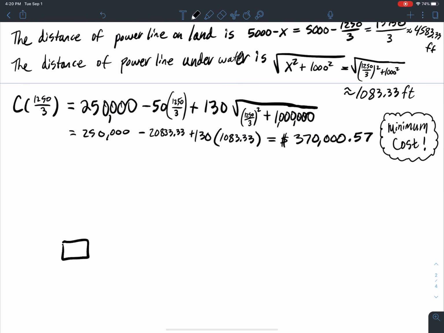So let me kind of illustrate this. Okay, so here's our power source, and here's the beach line. Okay. So there's 1,000 feet this way.